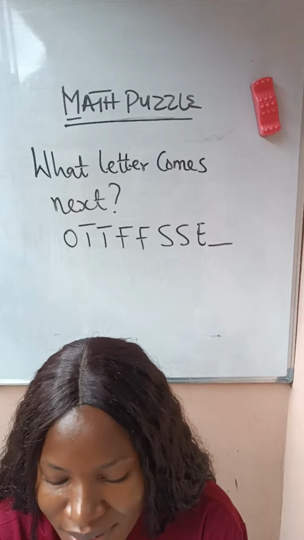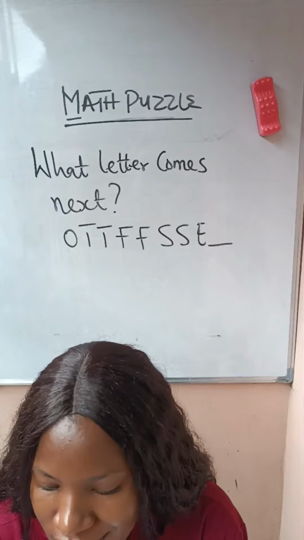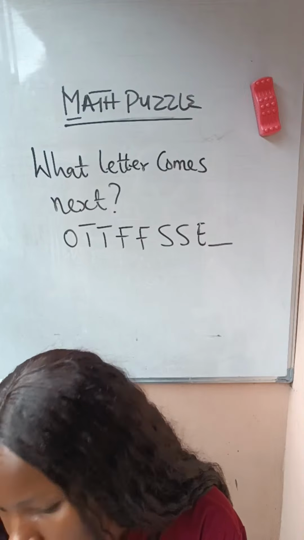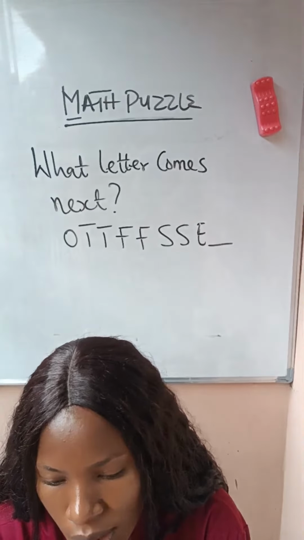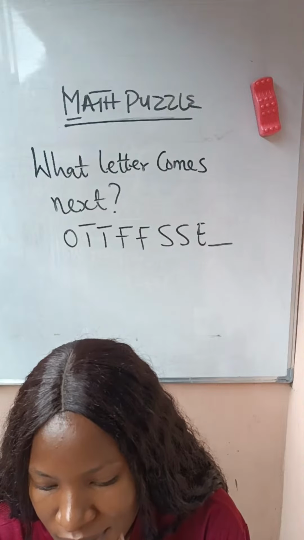OTF in the building. N is it? Think of math. Exactly, think of math. Remember that this is a math puzzle. This is a math puzzle, so you need to think of math.